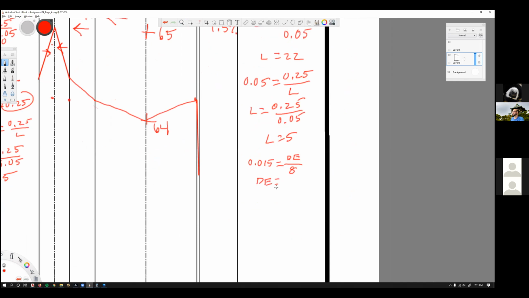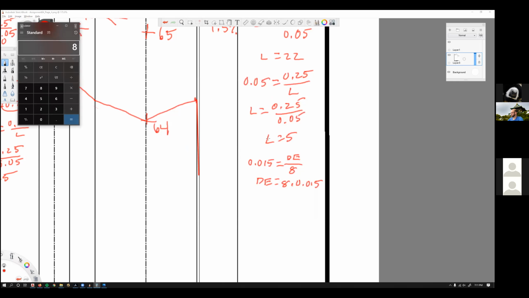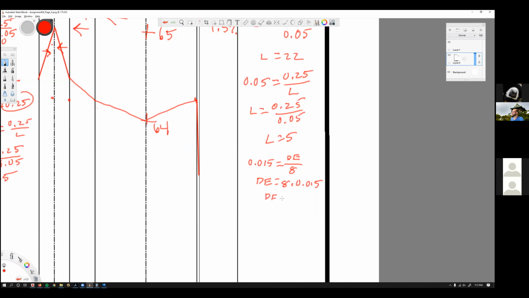DE equals 8 times 0.015, 0.12. DE equals 0.12.